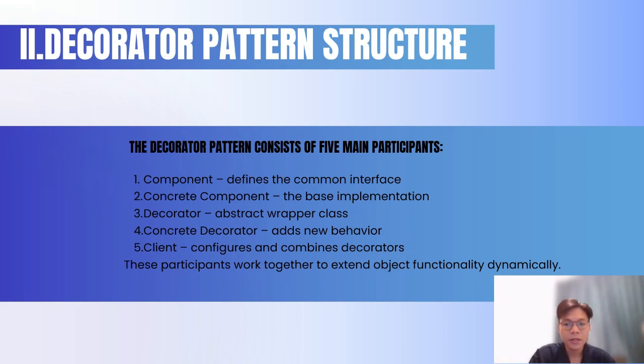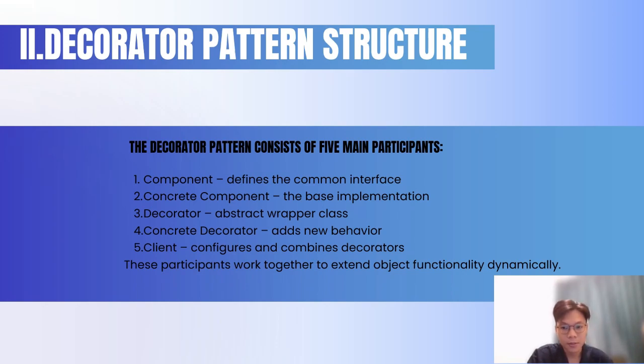Next, let's look at the structure of the decorator pattern. The pattern consists of five main participants. The first one is the component, which defines the common interface. The second is the concrete component, which provides the base functionality. The third is the decorator, an abstract class that wraps a component object.